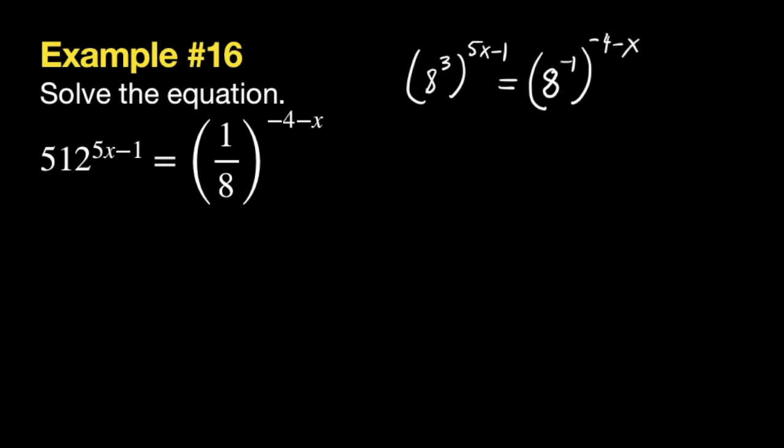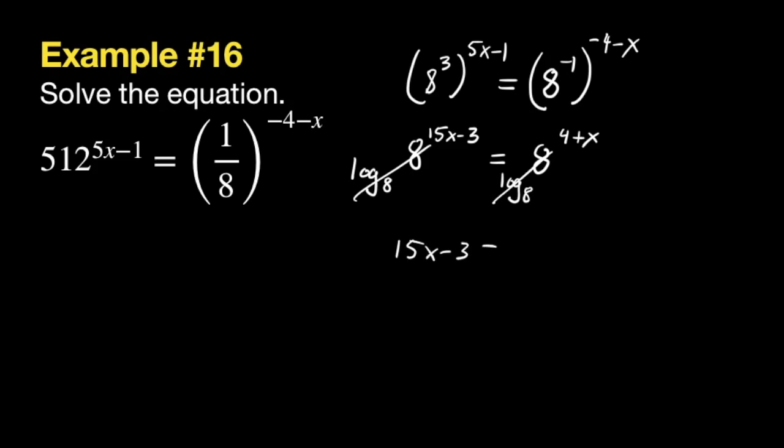You use the same property, so you have 8 to the 15x minus 3 is equal to 8 to the 4 plus x. You're going to do log base 8 on both sides. They cancel. You have 15x minus 3 is equal to 4 plus x.